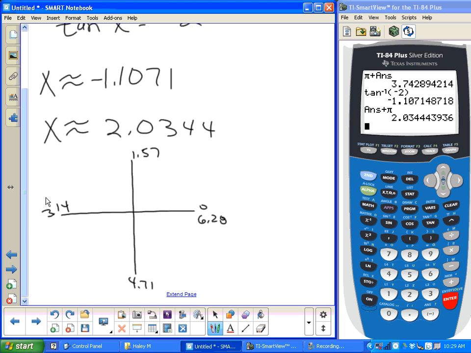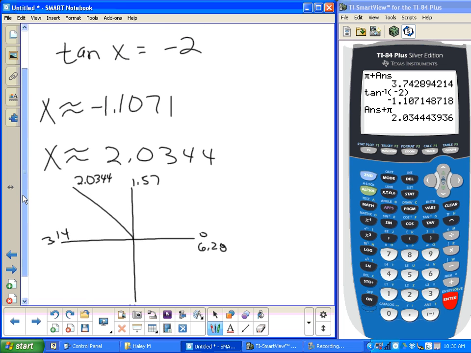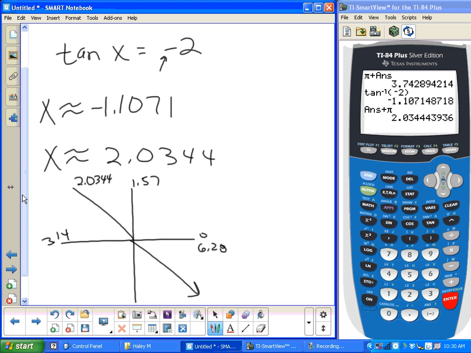Now, where's 2 point something? Second quadrant. Now, how do I tell where another solution is going to be? Where is tangent negative? In the second and in the fourth. Now what's going to be is just the reflection across the origin. It's going to be straight across right there.